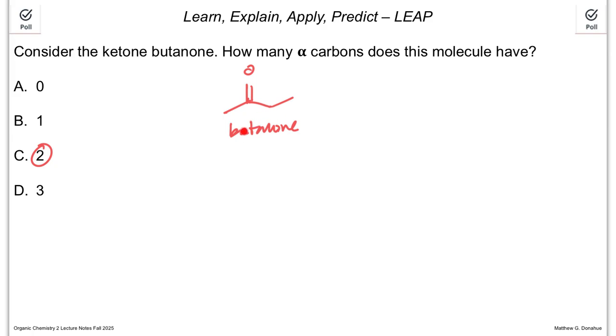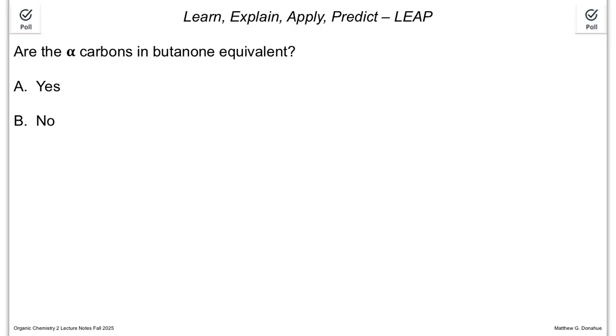So the ketone is the only one that's going to have 2. So are the alpha carbons equivalent? We have a CH3 that's methyl, then a CH2 that's methylene. So they're not equivalent.